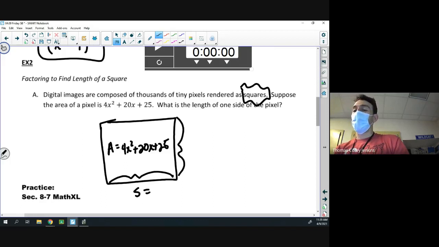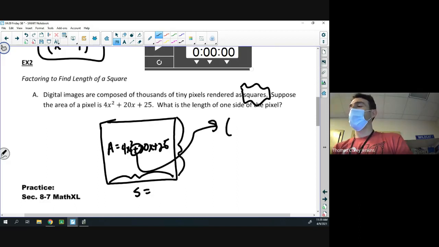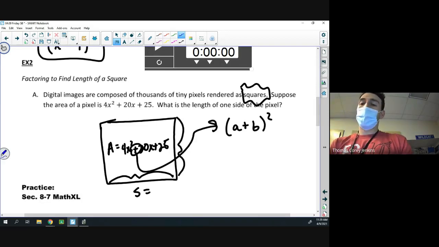So once we know that, is it an a plus b squared or an a minus b squared? Just say it. Plus. All right, so a plus b squared. All right, it's maybe a little bit tougher to come up with a and b here. Anybody think they could tell me what the square root of that term is?